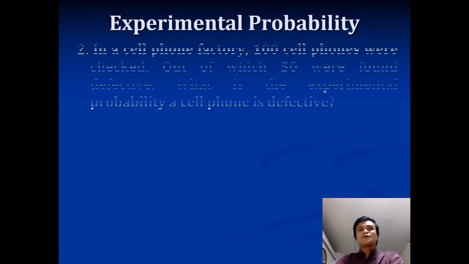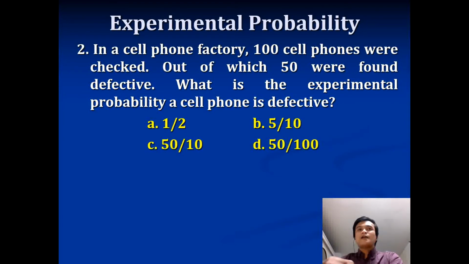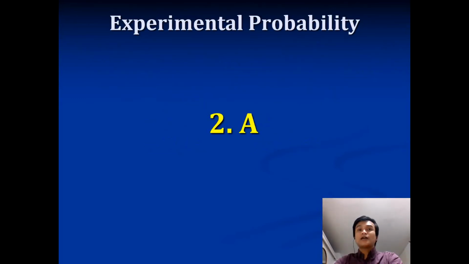For number 2, in a cell phone factory, 100 cell phones were checked, out of which 50 were found defective. What is the experimental probability a cell phone is defective? A. 1/2, B. 5 over 10, C. 50 over 10, D. 50 over 100. So the answer is letter A.